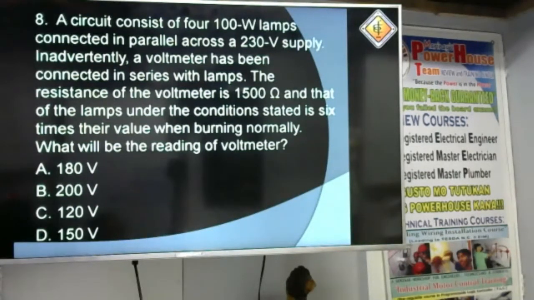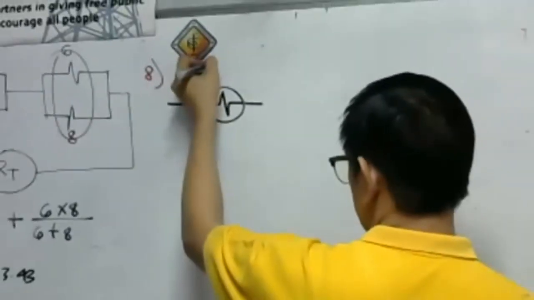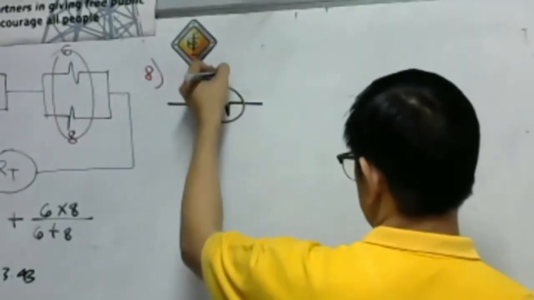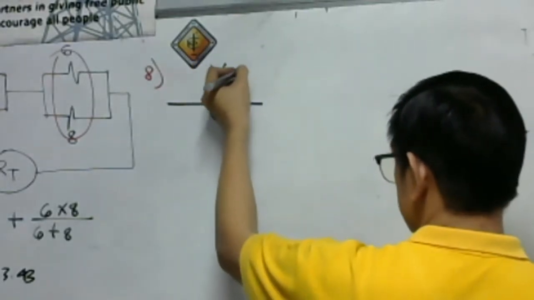So, I will draw the circuit first. What happened here is the voltmeter becomes in series with the lamp. Remember, a voltmeter has a resistance. So let's say this is our voltmeter, Rm, it has a certain resistance, of course.